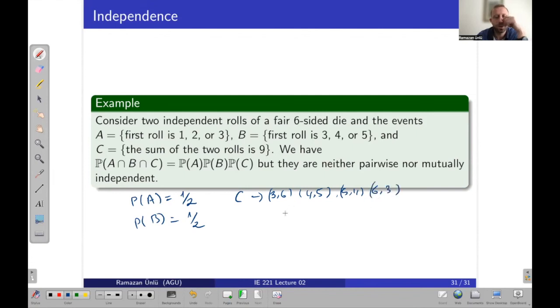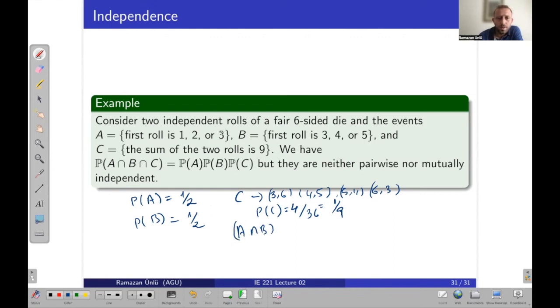So it is the probability of C is equal to... Am I right? I think yes. Okay, so let's check the first condition, the A intersect B.